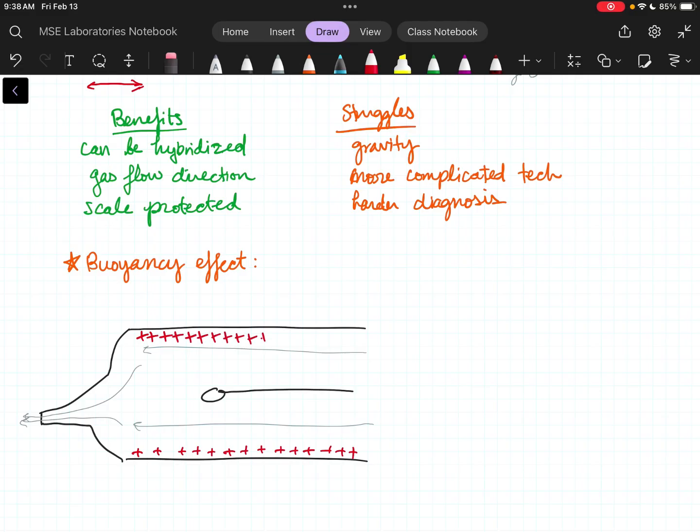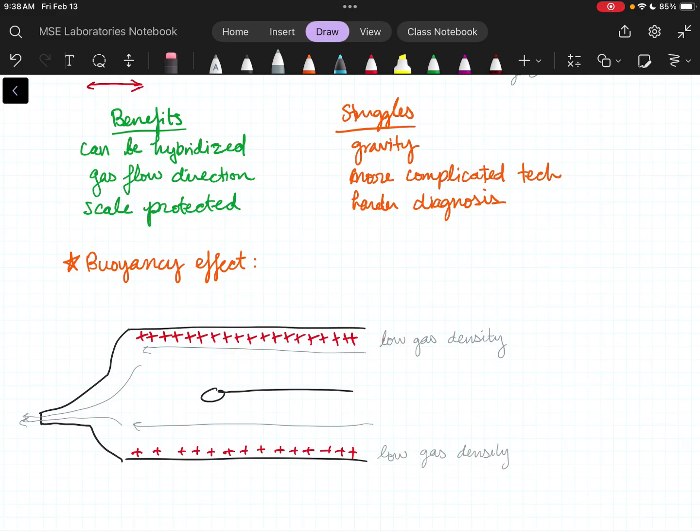So if you imagine, I've got my furnace here and I've got my cup out in the middle of the furnace. And the furnace actually has this little cone shape at the end so that the gas doesn't backflow into the backside of the furnace. I think that's a cool little feature of it.